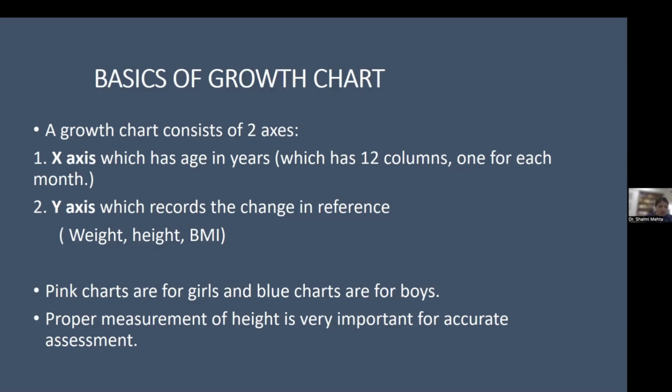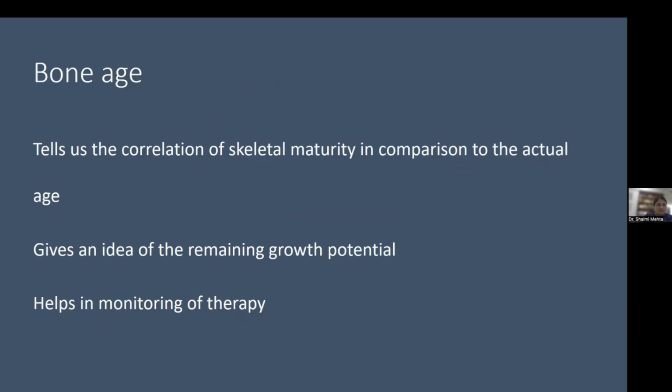Growth charts don't just tell us how your child is growing, but if your child is on any kind of treatment, how the treatment is faring for your child, whether the treatment is under control or not. So always make sure that your child is plotted on the growth chart every 3 to 6 months.